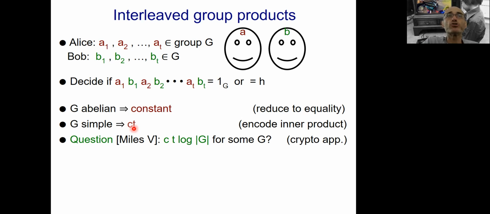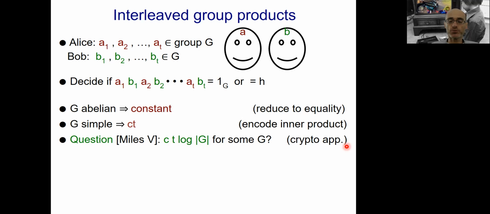I can have a super large group, t can be fairly small, a constant compared to the group, and you will get nothing. The question that was raised with Miles, another former student of mine, was whether you can actually prove the tight bound, which would be a constant times t, the length of the tuple, times the representation size of the group, which is log the size of the group, at least for some group. This was motivated by some cryptographic application, which I'm not going to discuss now.